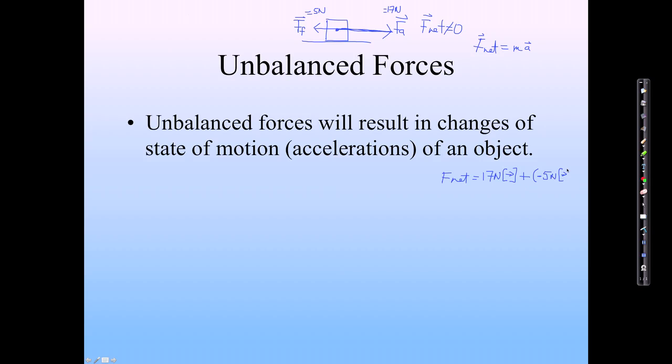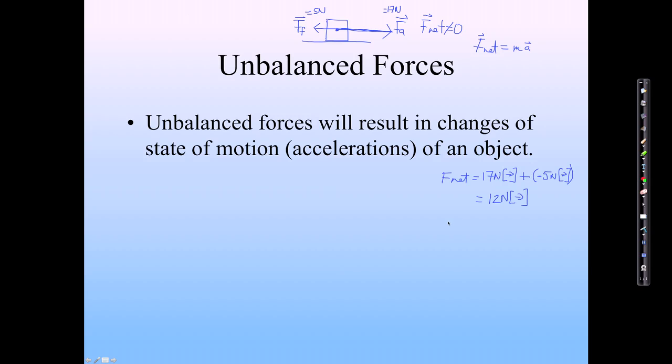So the 17 Newton force to the right is a positive 17 newtons. To the left, this 5 Newton force is negative 5 newtons to the right. This negative just means it's opposite to this direction, right. And so doing this, we get 17 plus a negative 5, that's the same as 17 minus 5, 12 newtons to the right.